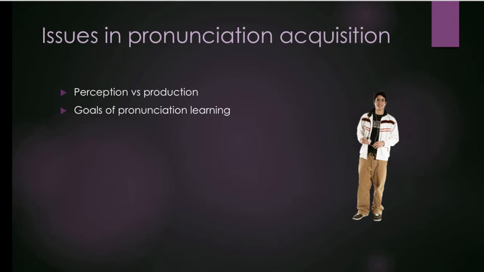But a lot of modern thinking in foreign language teaching is that intelligibility is a reasonable target, that you should be able to make yourself understood in the target language. It's okay to sound like a speaker of your own language, but you should be able to communicate clearly enough in spoken language that people who are listening to you, regardless of what first language they have, should be able to understand what you're saying easily.